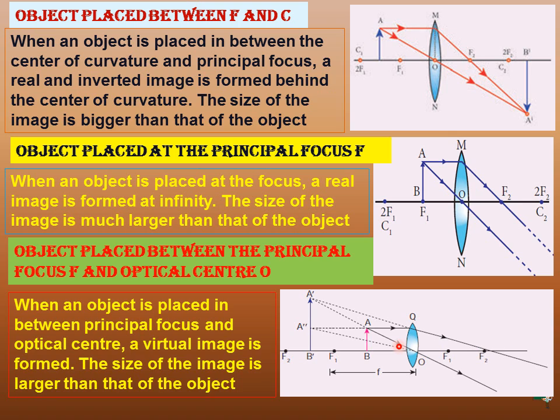When an object is placed in between the principal focus and optical center, a virtual image is formed. The size of the image is larger than that of the object.